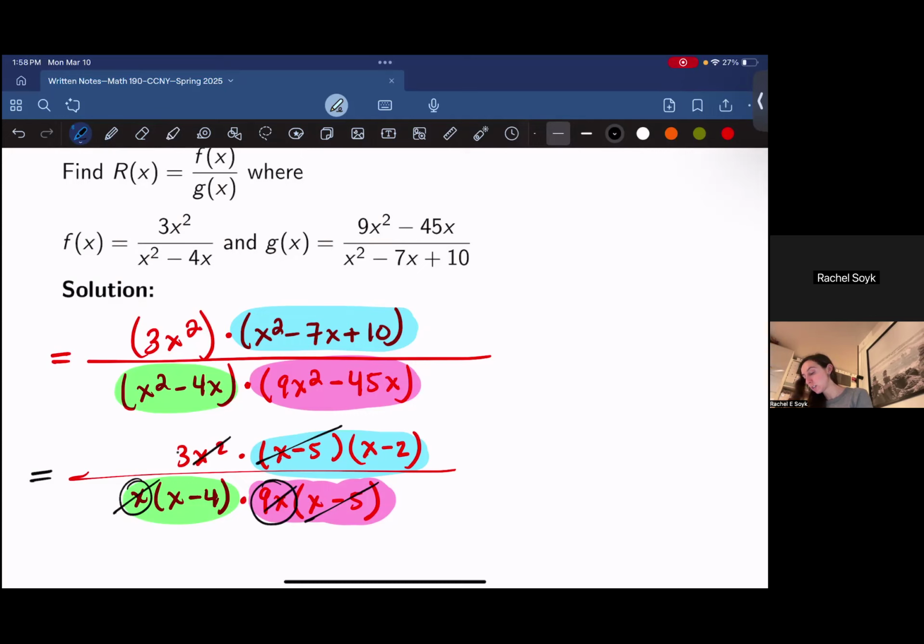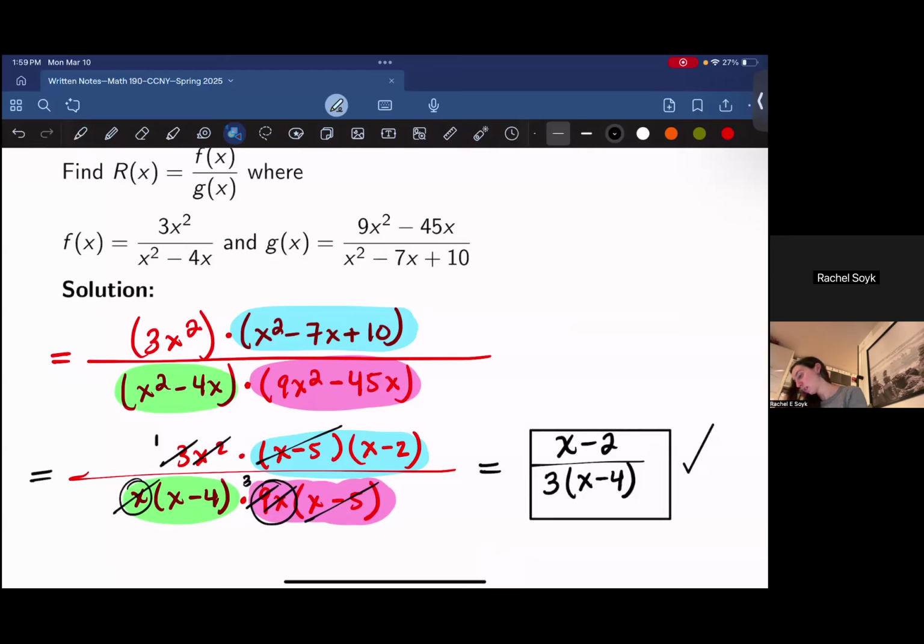And then 3 goes into 3 one time, but 3 goes into 9 3 times. So we're left with x minus 2 in the numerator, all divided by 3 in parentheses, x minus 4. And we're done.